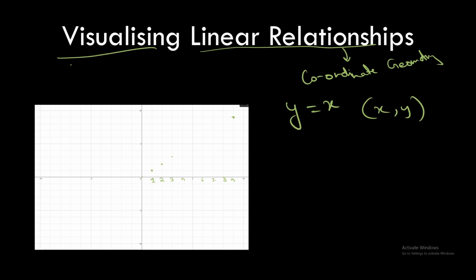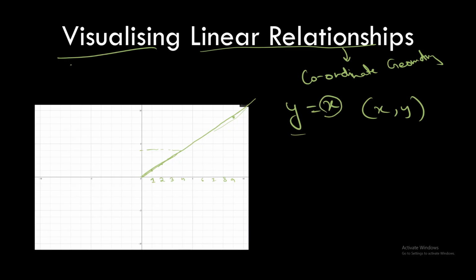And here we can clearly see that a line is going to be formed. So now at any point, if you check it, for example, at x is equal to 4, you can see that it points to 4. So basically this line represents all of the solutions that x can have for y.